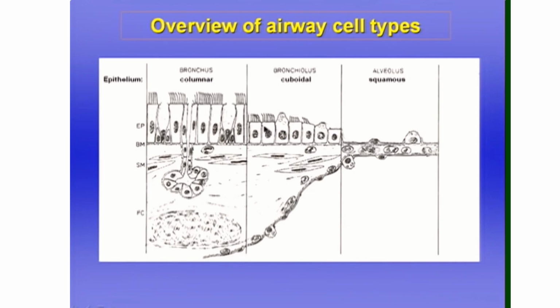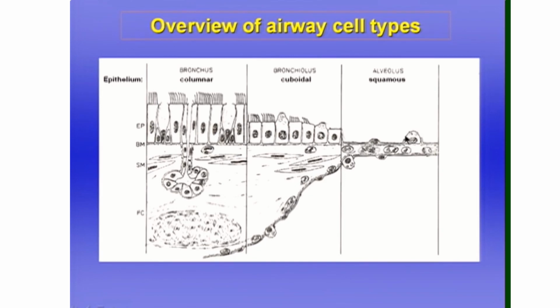Then, as we go further down, the height of the epithelial cells decreases, but they are still ciliated, until finally we get to the alveoli, where the cells are very flat, so-called squamous in character. And here's a type 1 epithelial cell here, and here's another type of epithelial cell here.